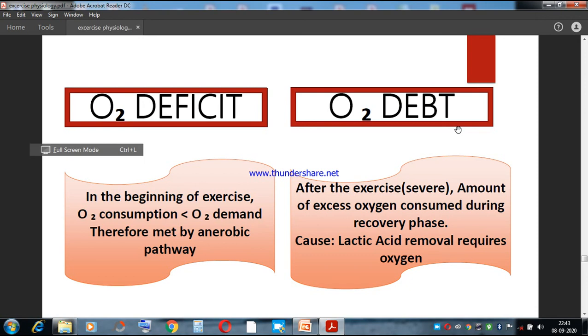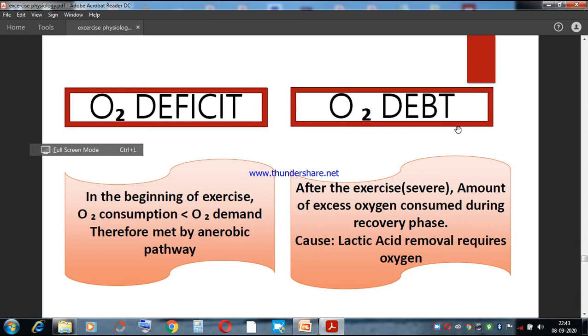An anaerobic pathway will give rise to some currency in the form of lactic acid, NADH, NADPH.